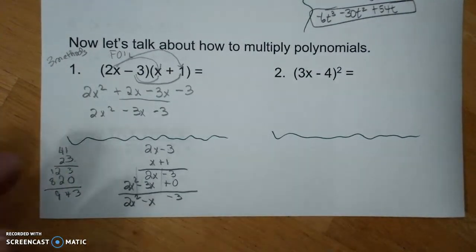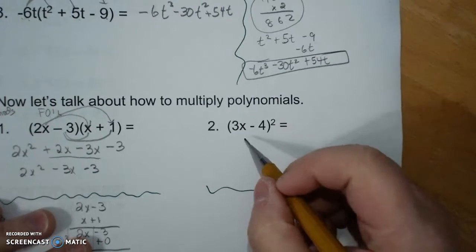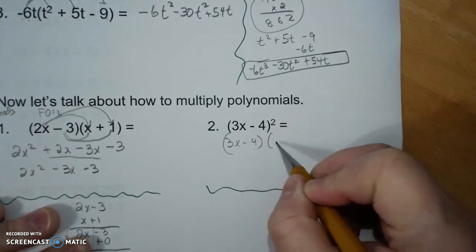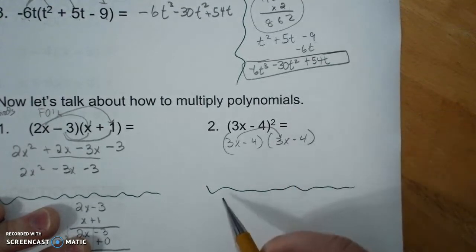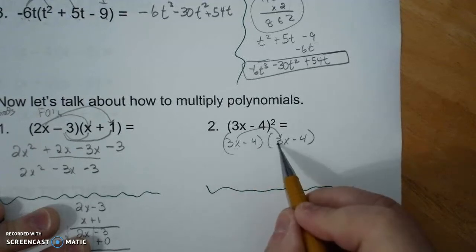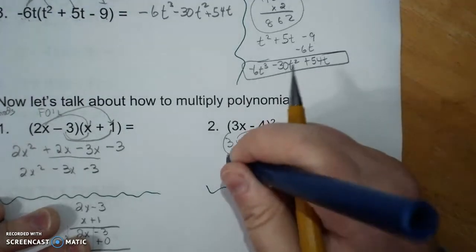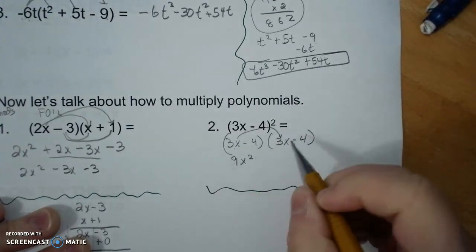Just to me, because I can multiply like that. I learned it in 5th grade. Why not use it in algebra? Here, the FOIL method, 3x minus 4 times 3x minus 4. First times first, 9x squared.